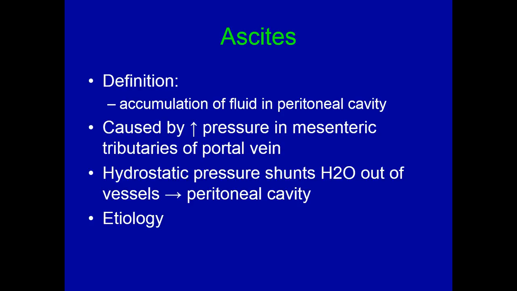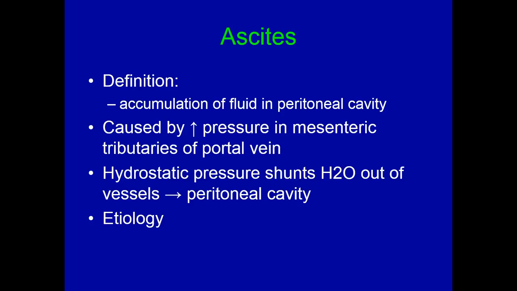We said already that it can be caused by increased pressure in the mesenteric tributaries of the portal vein, or what condition is that describing? Lots of fancy words there. What is that condition called? We just talked about it. Portal hypertension, right? So portal hypertension over there.